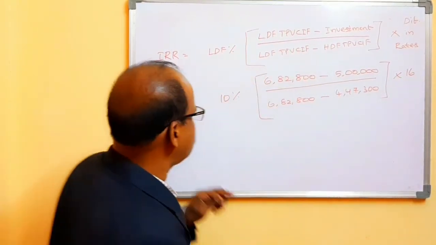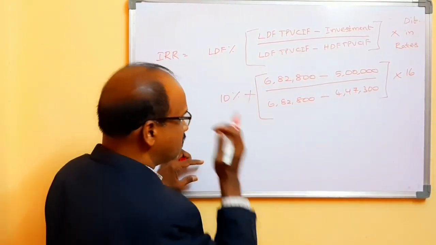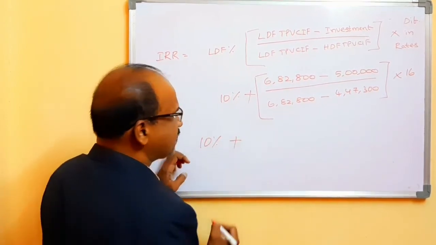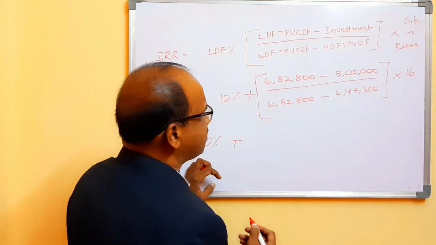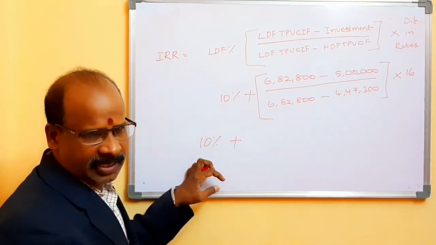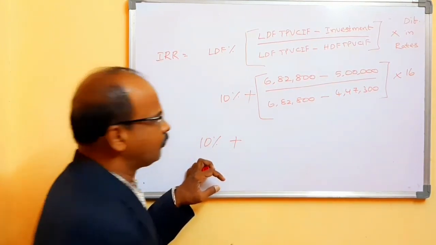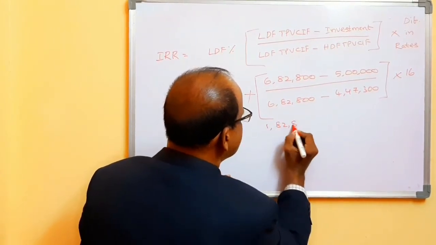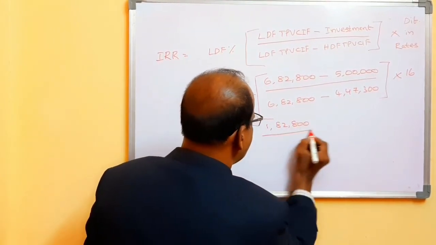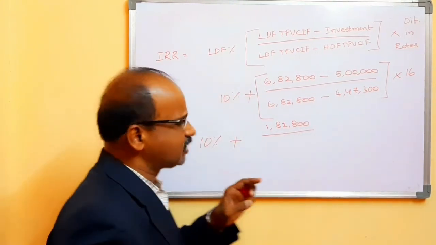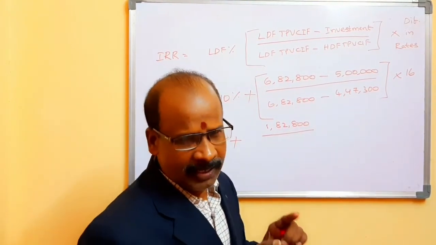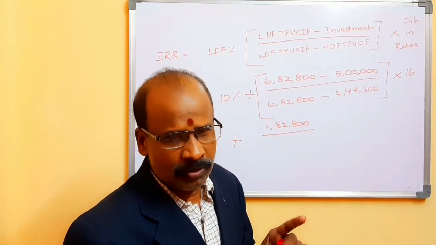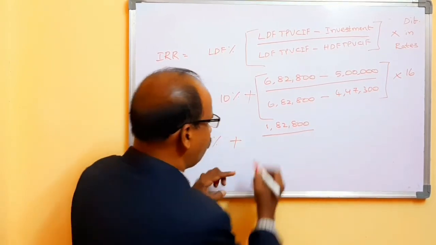Now simplify this formula. 10% plus 6,82,800 minus 5 lakhs, we get 1,82,800, divided by 6,82,800 minus 4,47,300, we get 2,35,500.